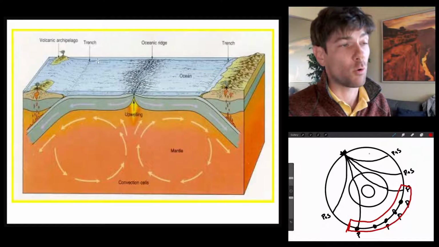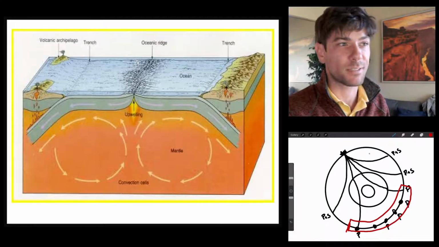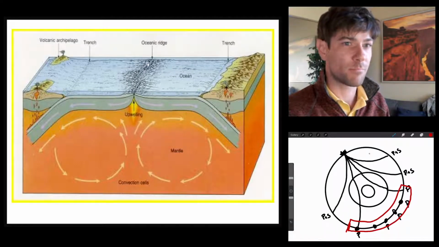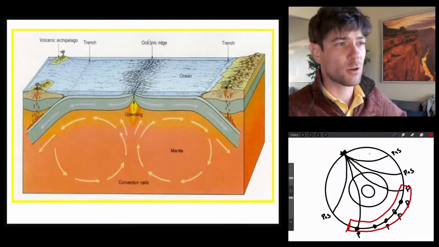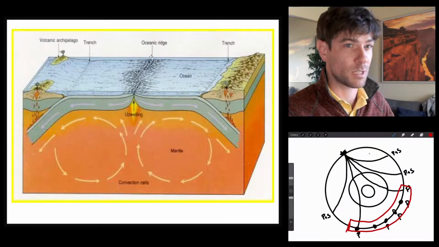And as it gets older, it should contain the same magnetic properties. All right, and so there should be some type of symmetrical distribution of magnetic properties as we move to either side of the ridge.